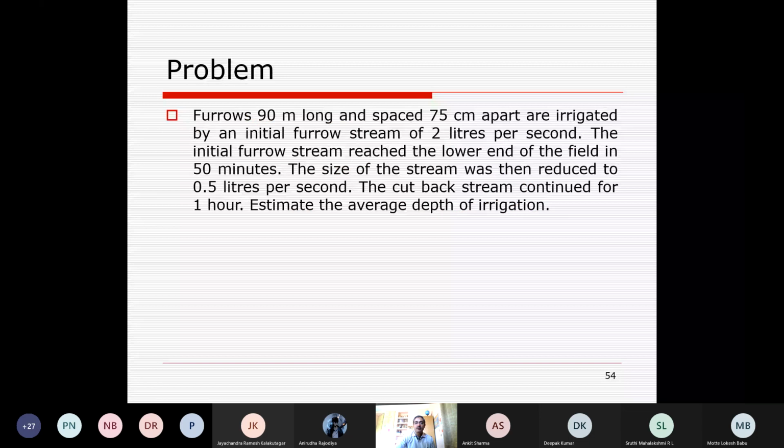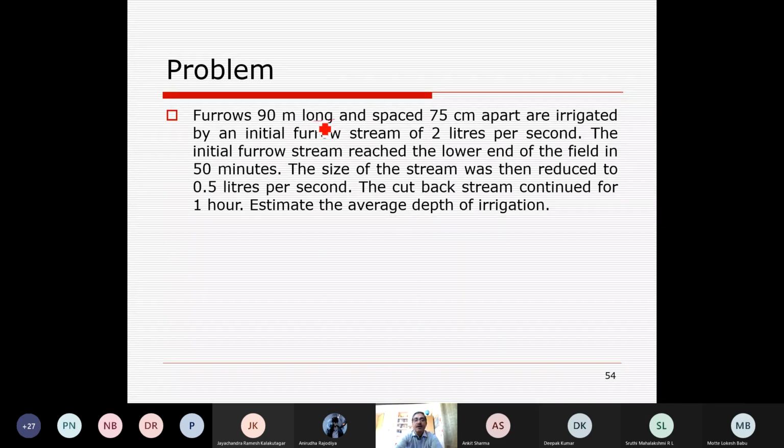So now here is a problem to understand this furrow irrigation system better. Furrows of 90 meter length are spaced 75 centimeter apart. This is the furrow, that is 90 meter, and the distance from the center of one furrow to the center of the next is 75 centimeter.